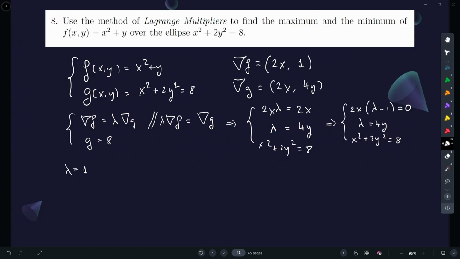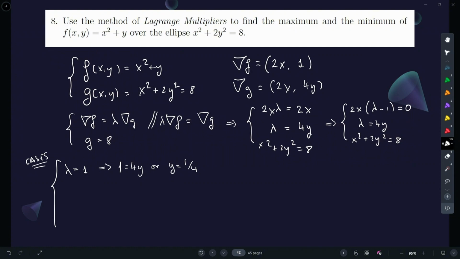In that case, the first equation is satisfied, it is 0. The second equation tells me that lambda equals 1. So here are my cases. If lambda is 1, so I'm trying to make the first equation 0, then what is y? 1 is equal to 4y, so y has to be a fourth.